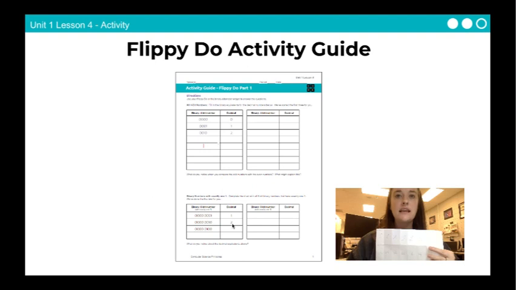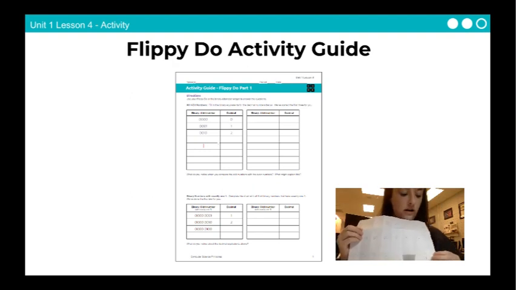Then in the second section, you're going to look at this pattern. We're going to use 8-bit decimal numbers. So look at this pattern. The first number we're turning on is 2 to the 0 power. That equals 1. We're turning that off and then turning on 2 to the first power. That equals 2.